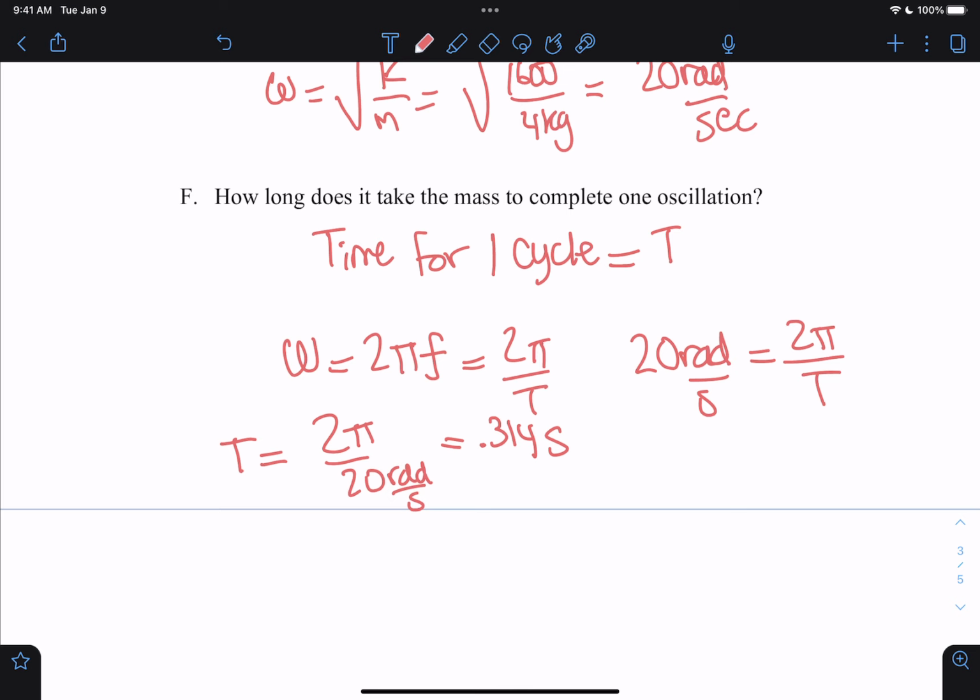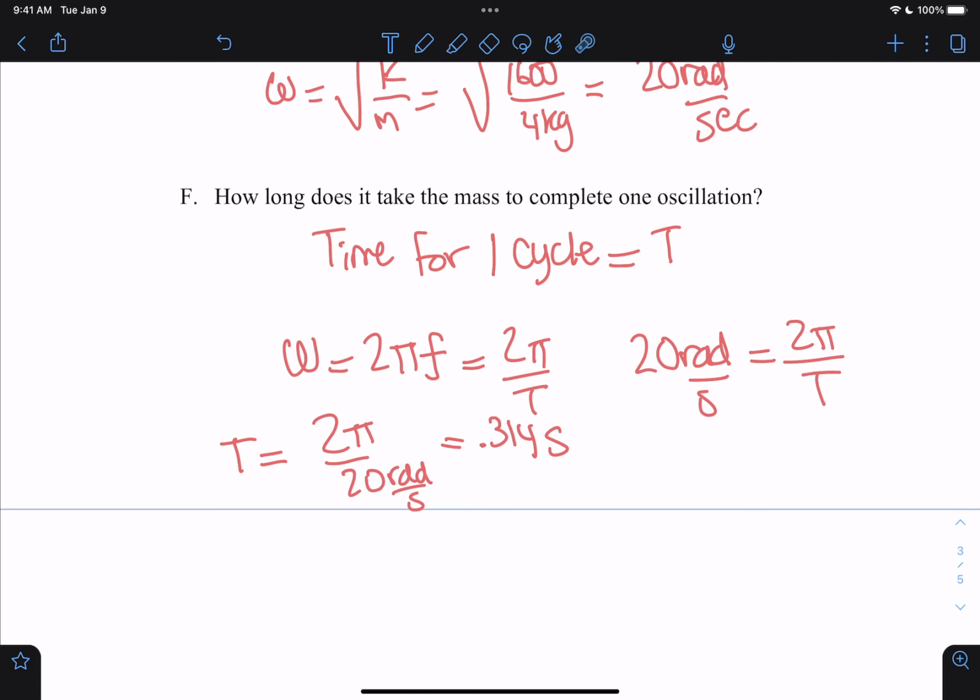Why would we have to multiply by 2? Oh, I see what you mean.